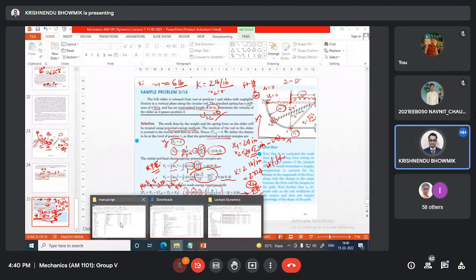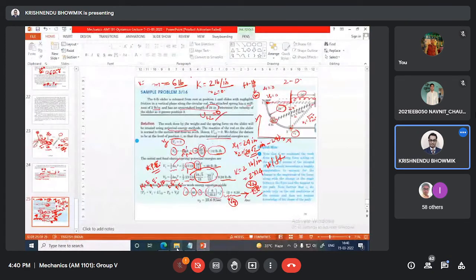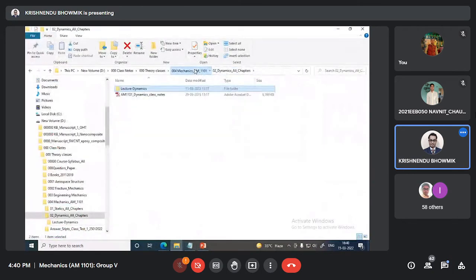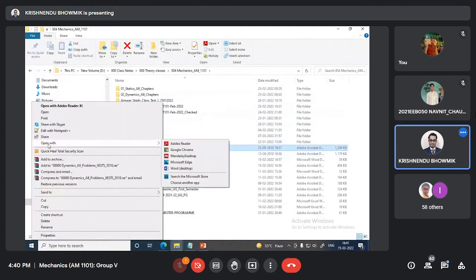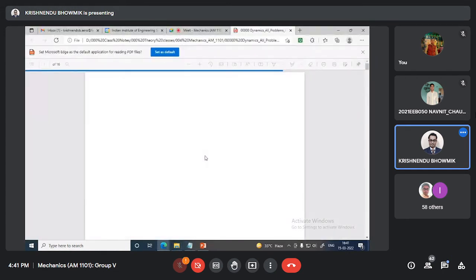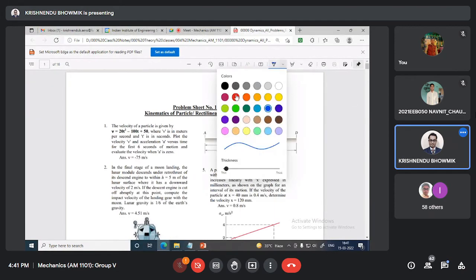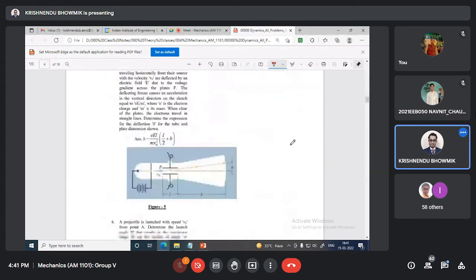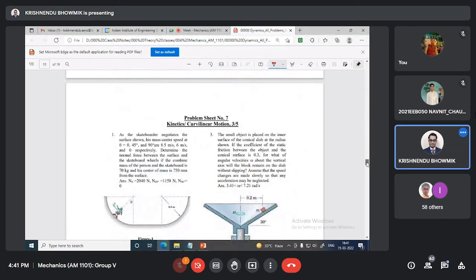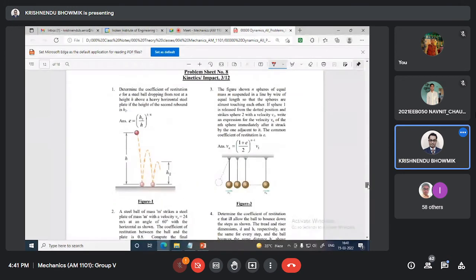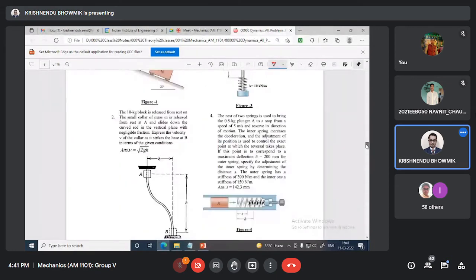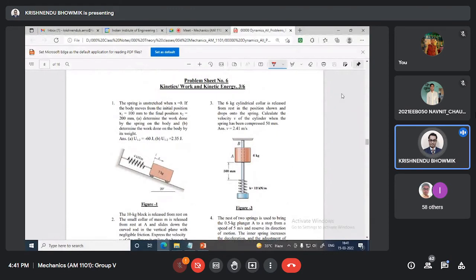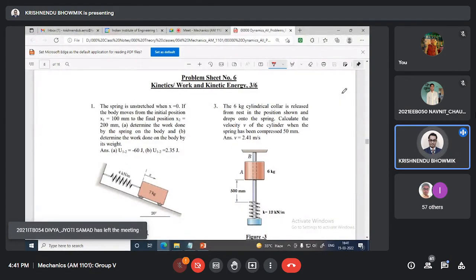Let me show you the problem sheet. Number 1: there is one spring with unstressed condition x equal to 0.